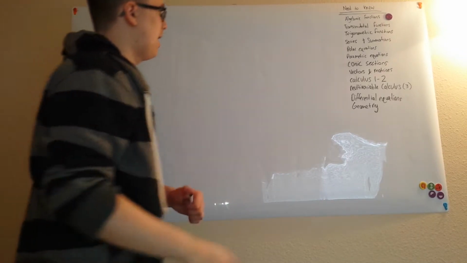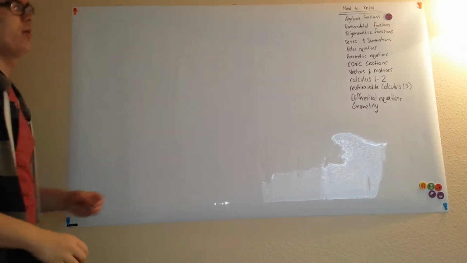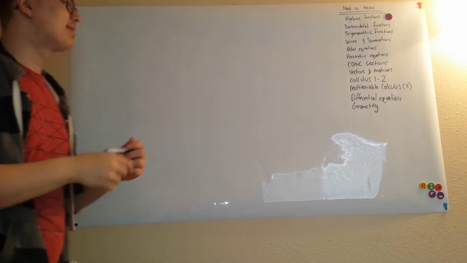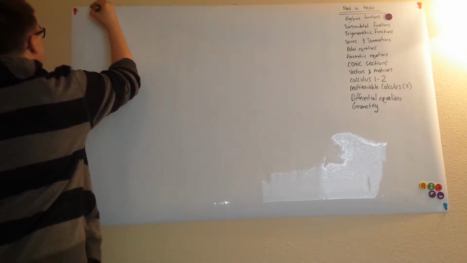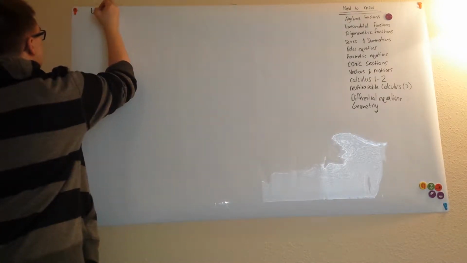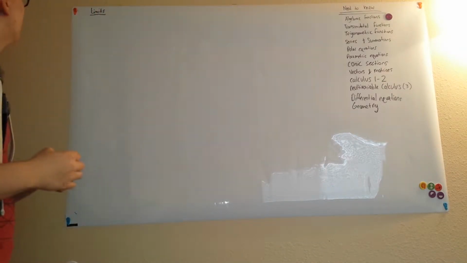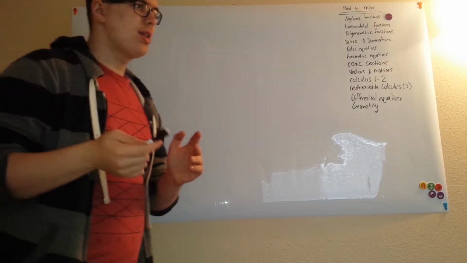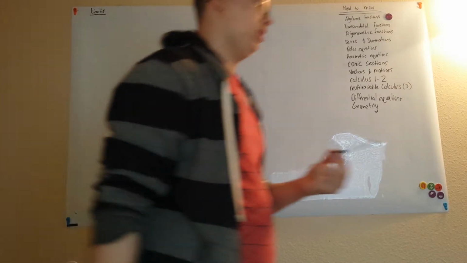Okay, so now we talked about limits graphically. We're still talking about limits. I should have changed that. But we're now evaluating them and looking at them from an analytical perspective.